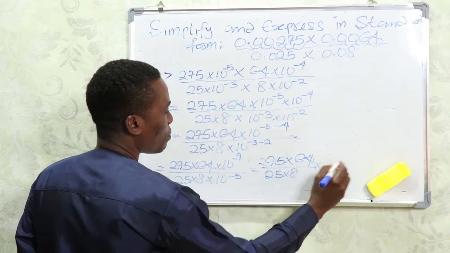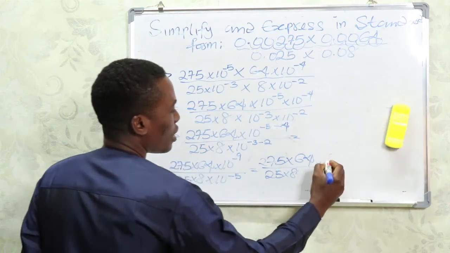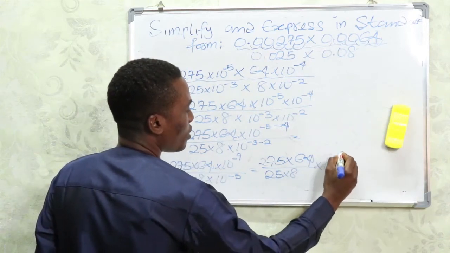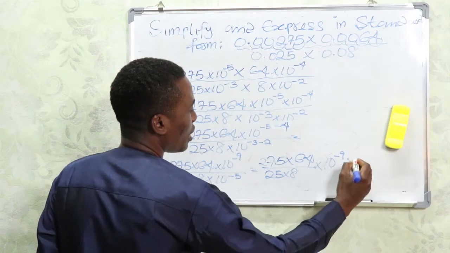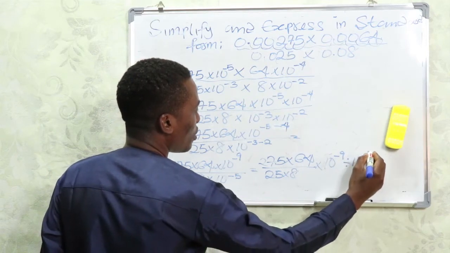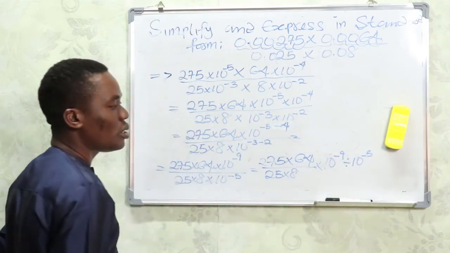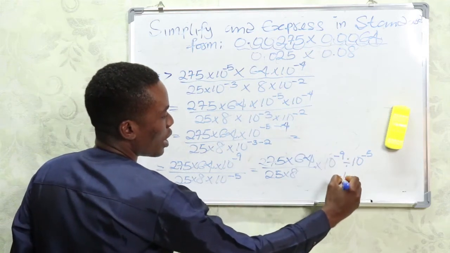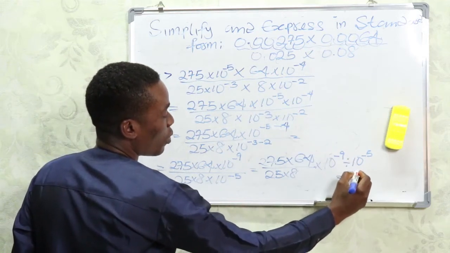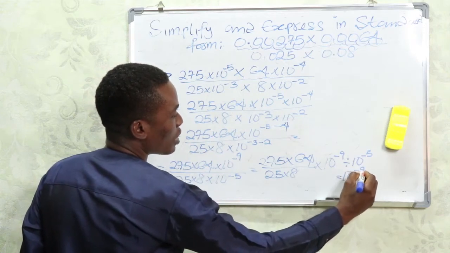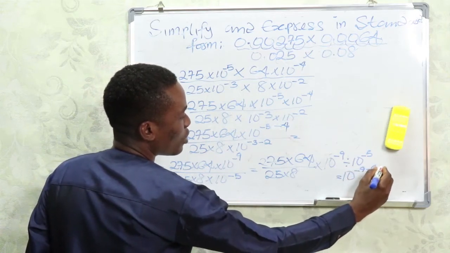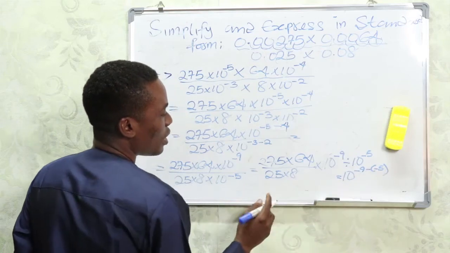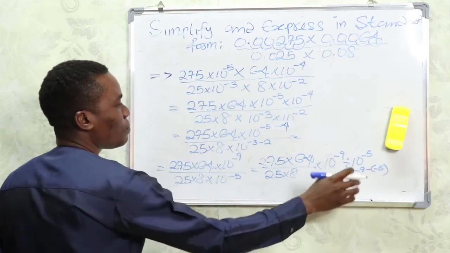Now this will be multiplied by 10 raised to power minus 9 divided by 10 raised to power minus 5. So now, according to the quotient law in indices, this will be equal to 10 raised to power minus 9 minus bracket minus 5. Now we'll simplify this further.